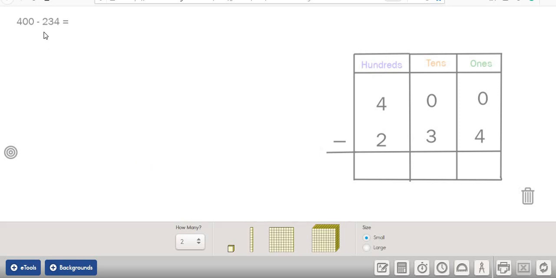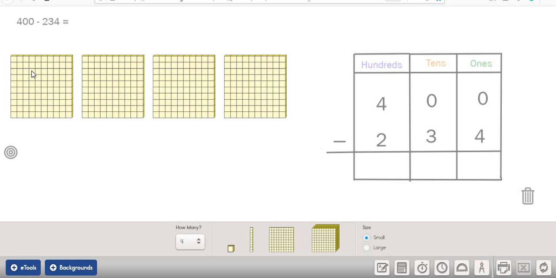400 minus 234. Let's model this problem. We need 400 flats to model the first number. So, these are the 400. Here they are. Now, we need to cross out 4 ones. But again, we don't have enough ones.